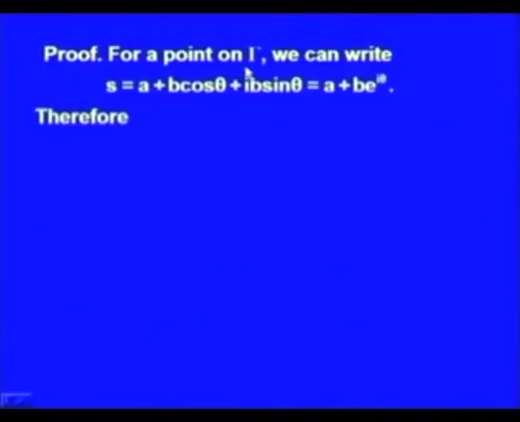Now, for a point on gamma we can write s equal to a plus b e to the power i theta, or a plus b cos theta plus i b sin theta, because gamma has center at the point a and its radius is b, and theta here varies from pi by 2 to 3 pi by 2.